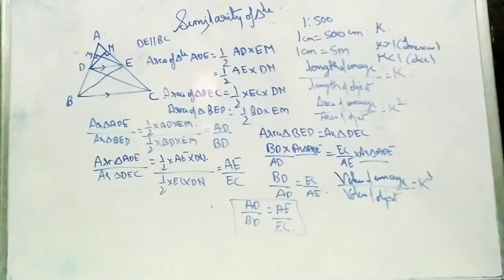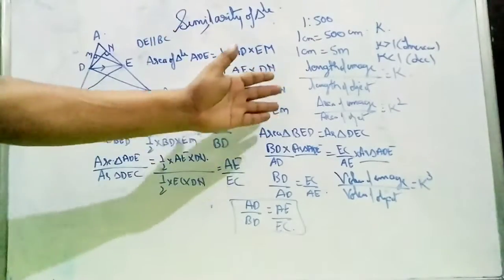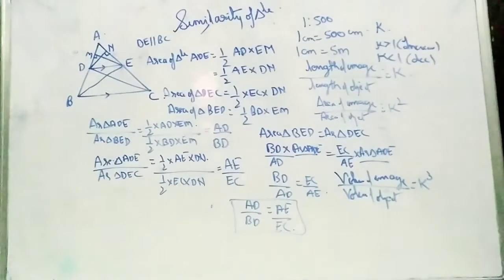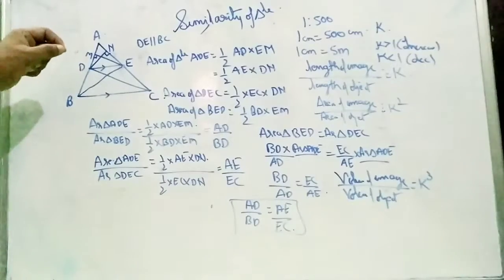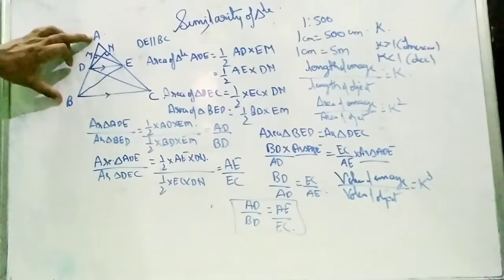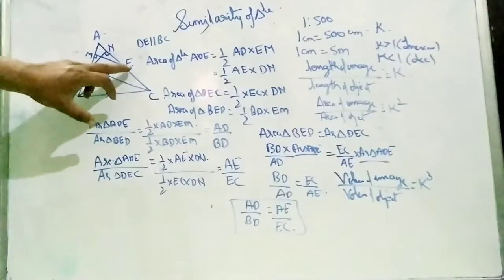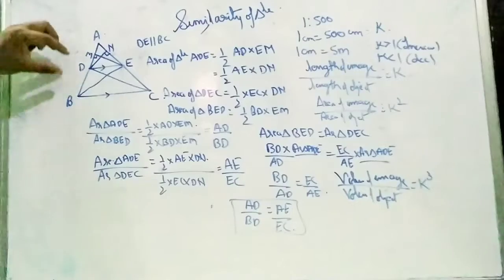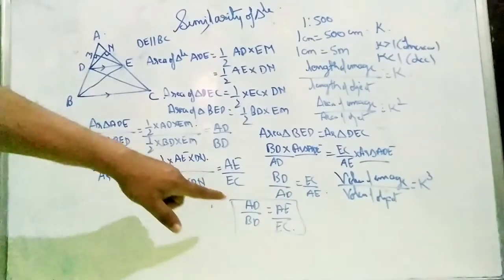Is this clear? In CBSE you don't have many sums on this, but in ICSE you will have lots of sums based on similarity. This is the basic portion of similarity, in which we have understood that if two triangles have equal angles, their sides can be written in a proper ratio. And if a line is parallel to the base of a triangle, then the sides are in proper proportion.